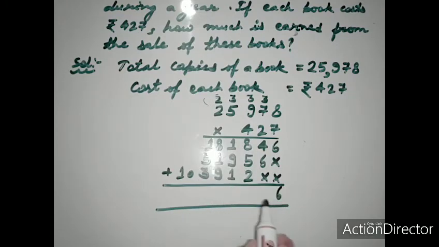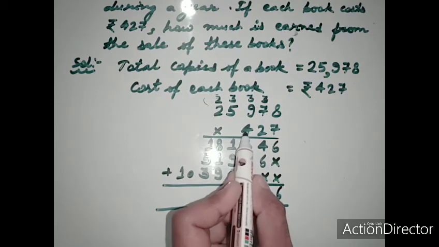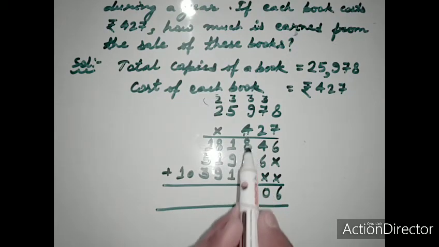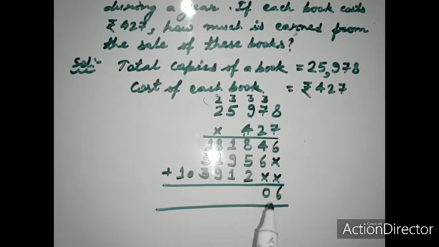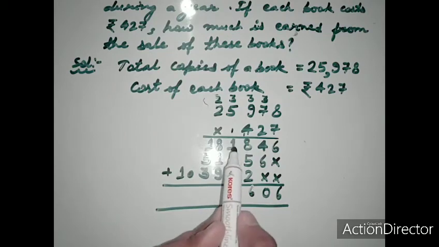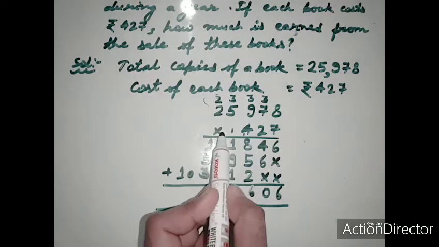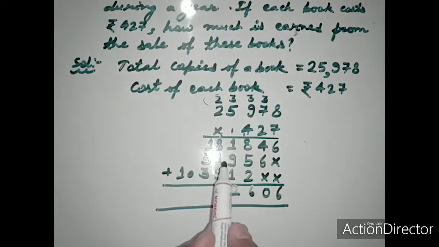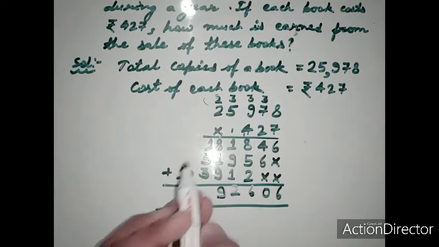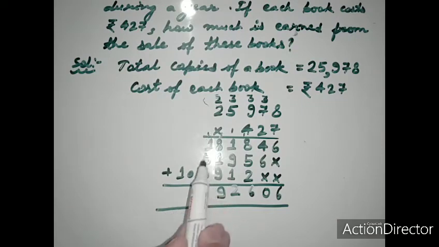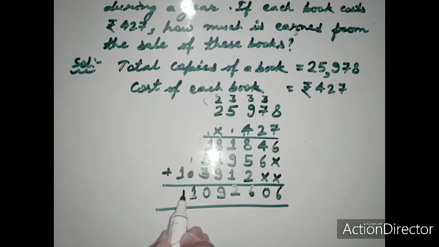So here we write 6 as it is here, 6 plus 4, 10, 0, 1 carry here, 8 plus 1, 9, 9 plus 5, 14, and 14 plus 2, 16, 6, 1 carry here, 1 plus 1, 2, 2 plus 9, 11, 11 plus 1, 12, 2, 1 carry here, 8 plus 1, 9, 9 plus 1, 10, 10 plus 9, 19, 9, 1 carry here, 1 plus 1, 2, 2 plus 5, 7, 7 plus 3, 10, 0, 1 carry here. So we write 1 as it is here, 1 plus 0, 1, and here we write 1.